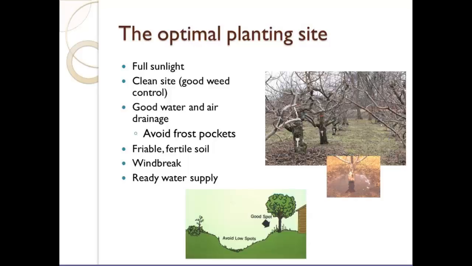So what you're looking for is a friable, fertile soil. And if you work well enough ahead of time, if you think that you have some drainage issues, along with tiling, you can also work on amending the organic matter in your soil if you need to break up some heavier clay soils, or if you have too sandy of soils. Something like compost, other forms of organic matter are a way to make the soil more friable.